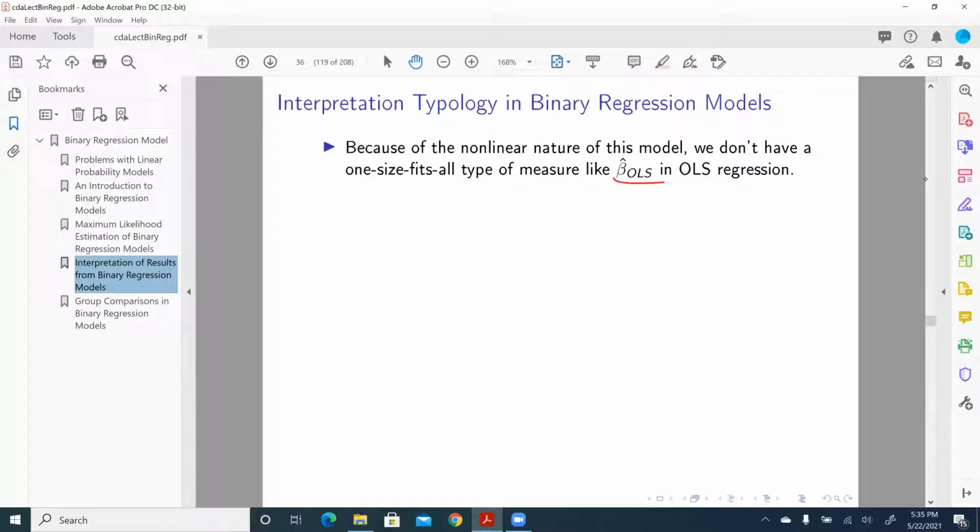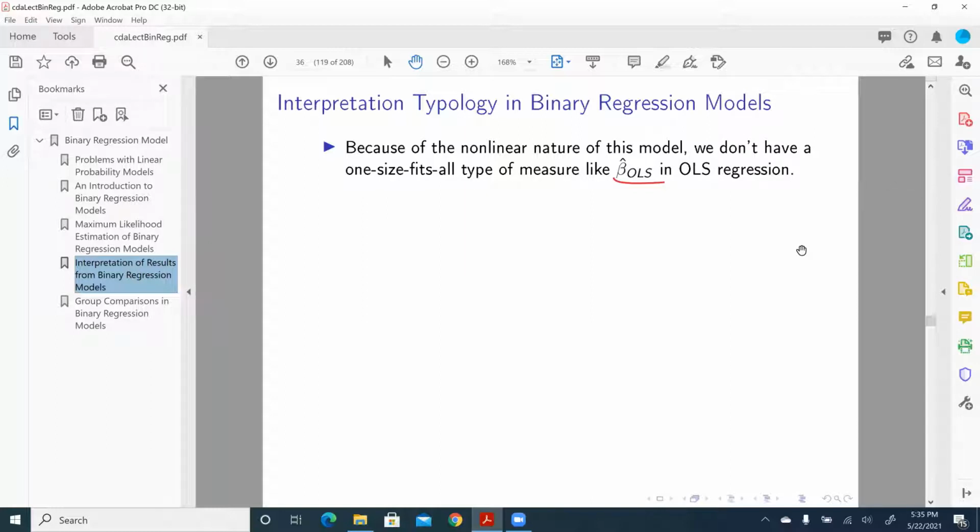In OLS regression, we can simply grab the coefficient or slope for any generic variable and say, for each unit increase in that variable, we would expect y to vary by that beta amount on the scale of observed y. Depending upon the sign of this beta, we can say increase or decrease.